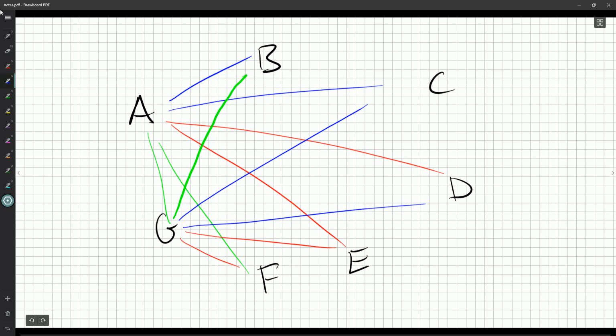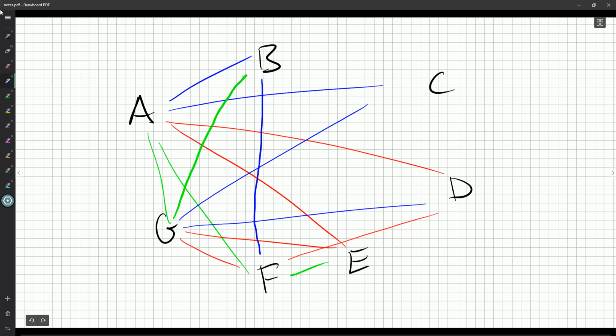Now let's go to F. Okay, so I've already got a green and a red. We can try and finish those off. Can I put a red with EF? No, I can't. But I could probably put a green there. So there's my greens done. Let's put a red to D. And now let's try and put blues everywhere else.